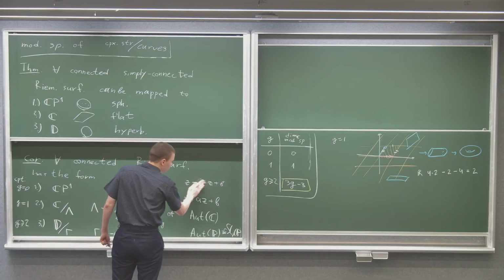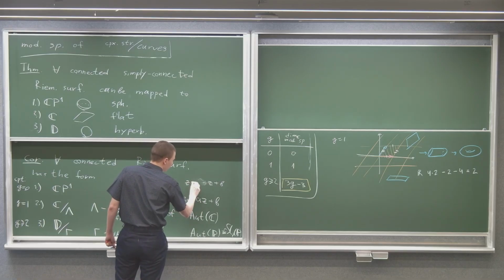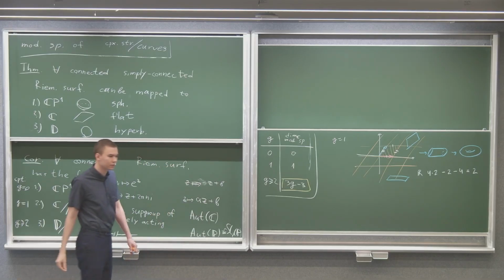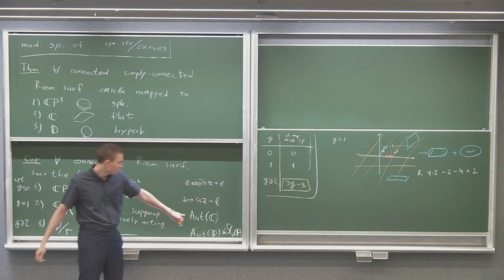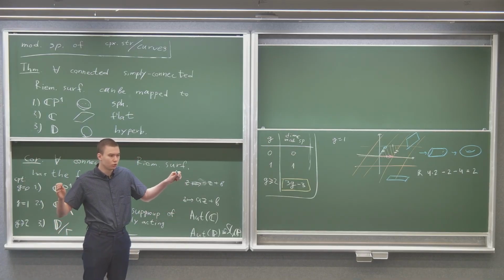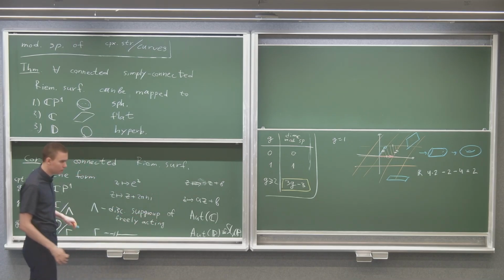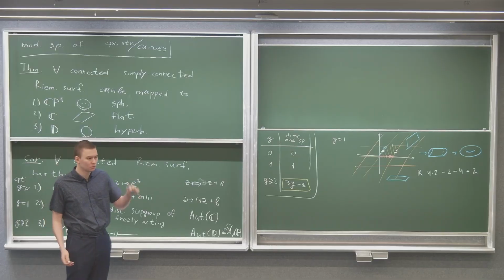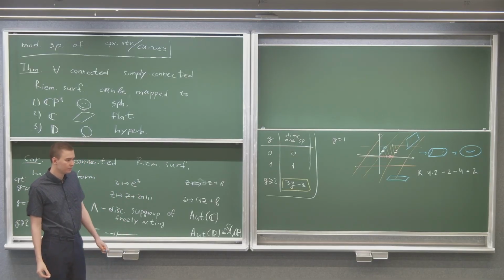So this is our action. Out of the 4-dimensional automorphism group, we are left with a 2-dimensional translation subgroup, and our lattice should be a discrete subgroup of that subgroup. Okay?